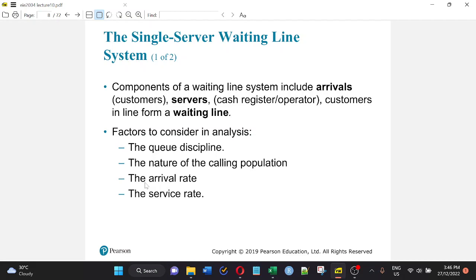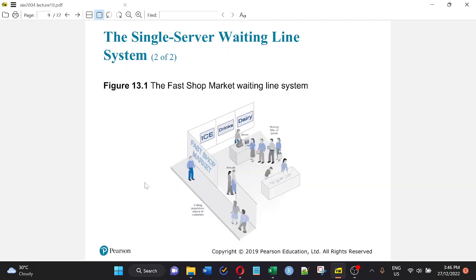There are several factors to consider in the analysis: first, the queue discipline; second, the nature of the calling population; third, the arrival rate; and fourth, the service rate. Now let's talk about each of these.